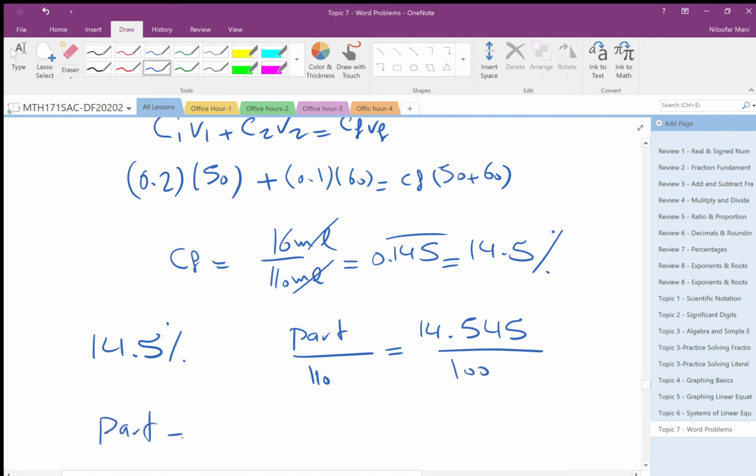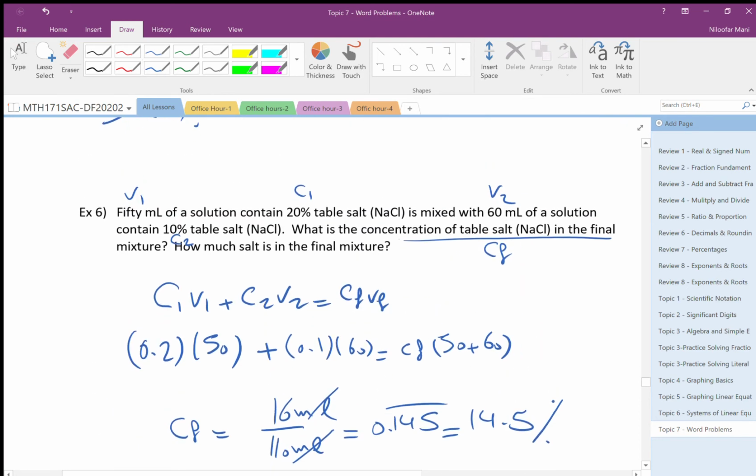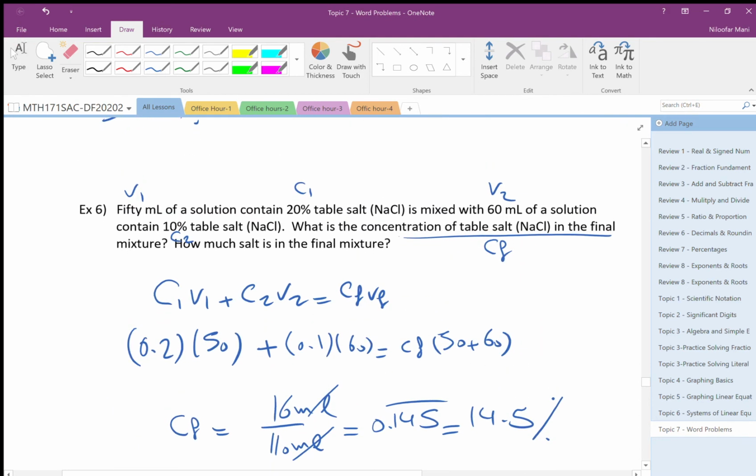So part is this multiplied by this one divided by this one, right? So let me see, that's how much salt is in that.